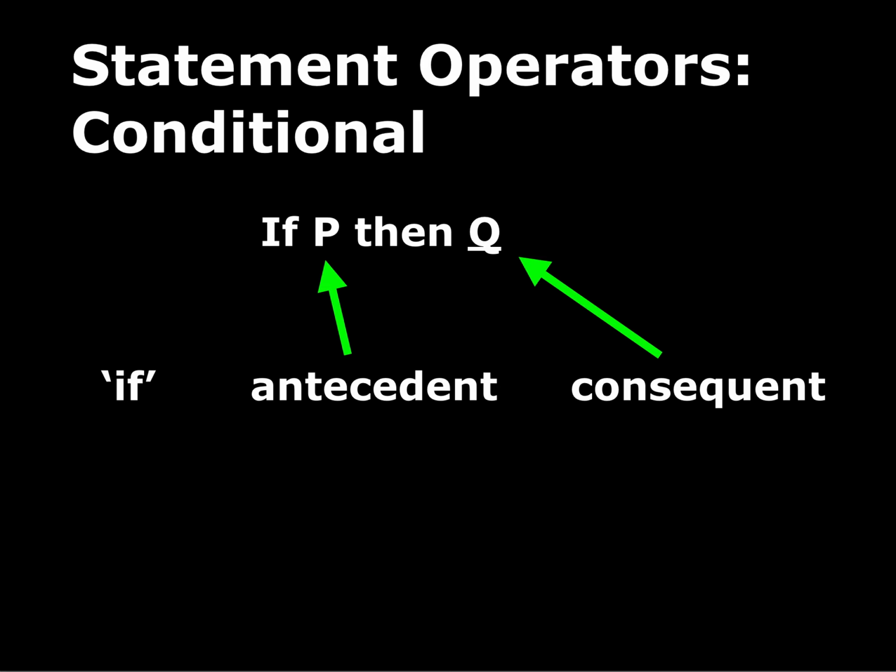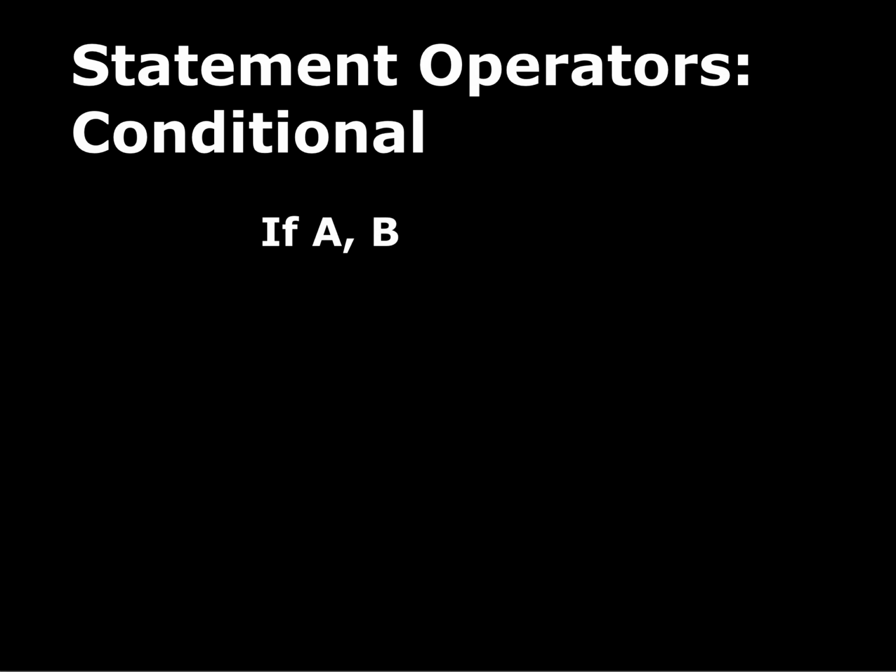Now in our formal notation, recall, we always put the antecedent on the left and the consequent on the right. So because P is the antecedent, we're putting it on the left in the formal notation, then horseshoe, and then Q because it's the consequent. Next example, if A, B. The first thing to note is that we have the word if there, so it's conditional.